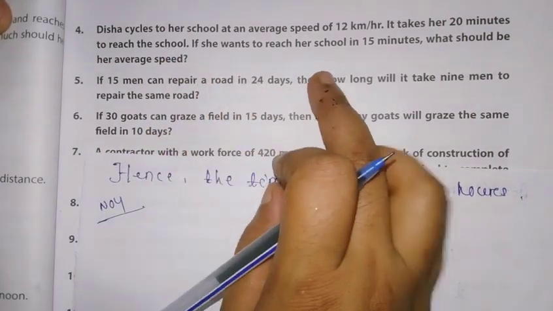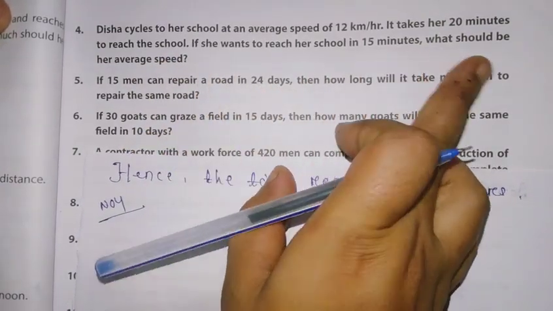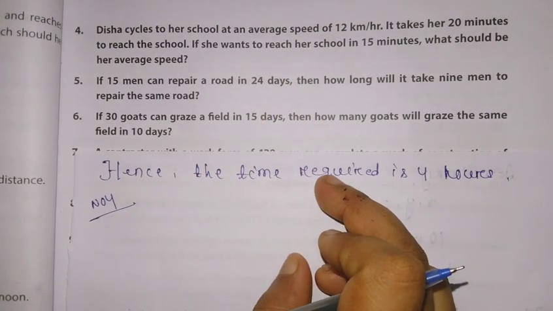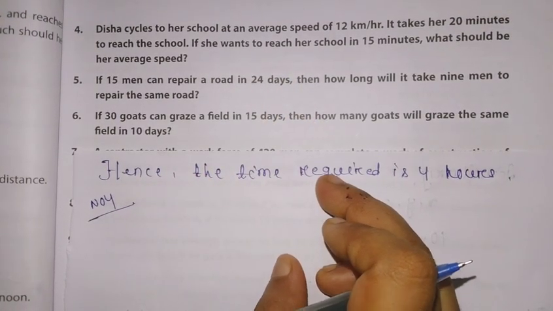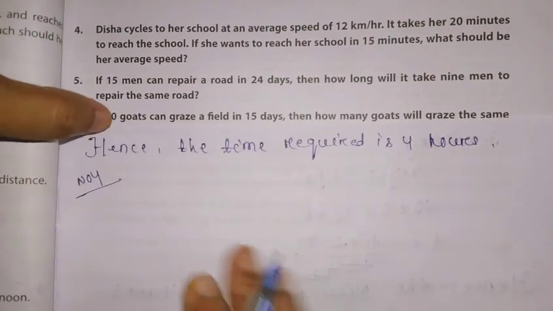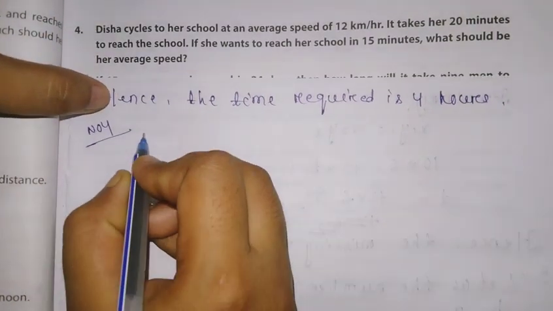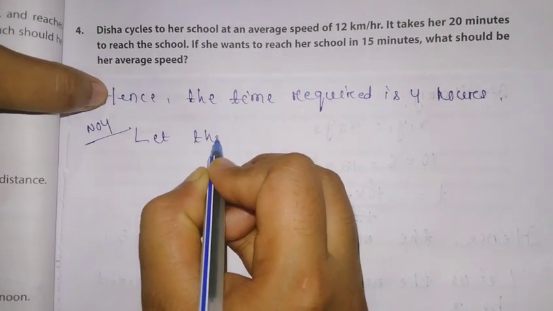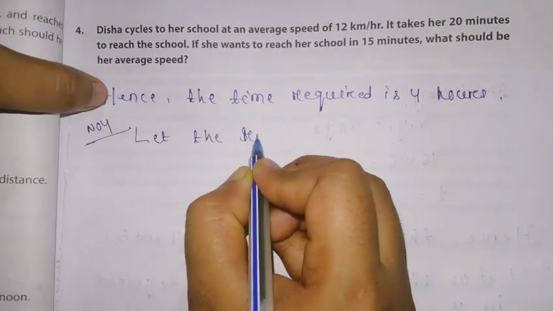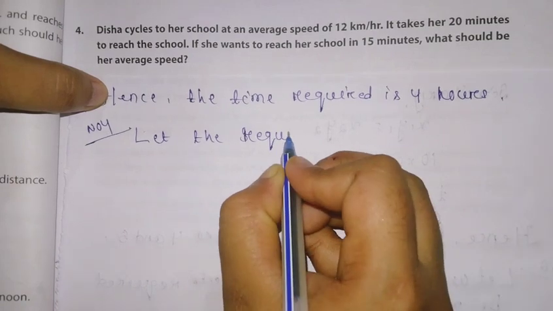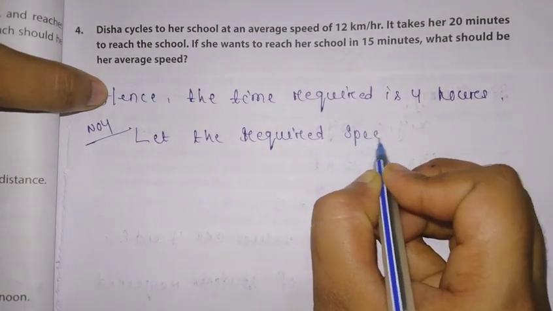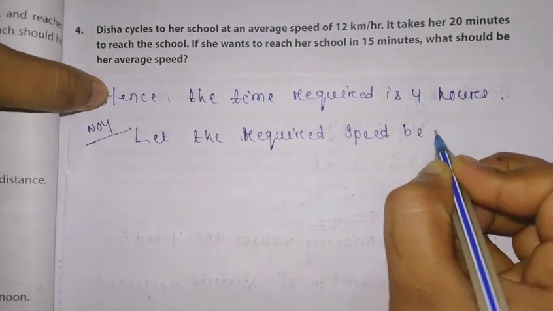If she wants to reach her school in 15 minutes, what should be her average speed? First, let the required speed be x km per hour.